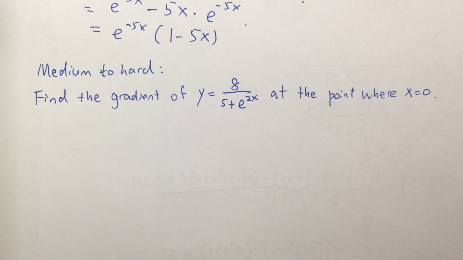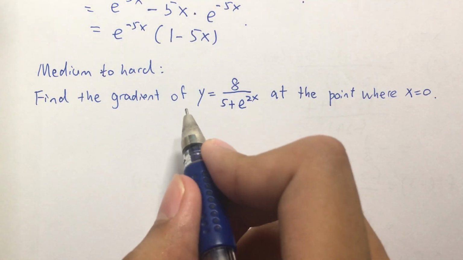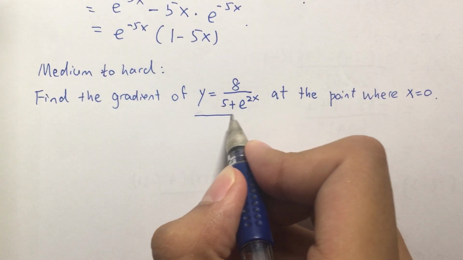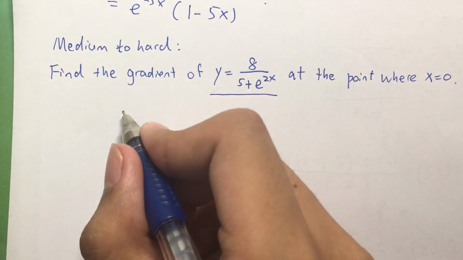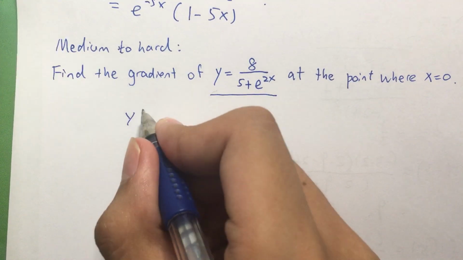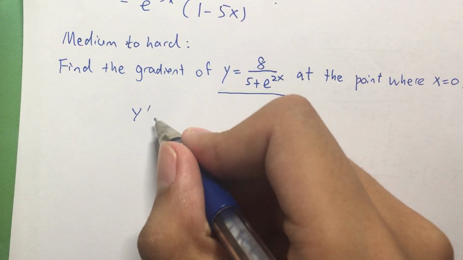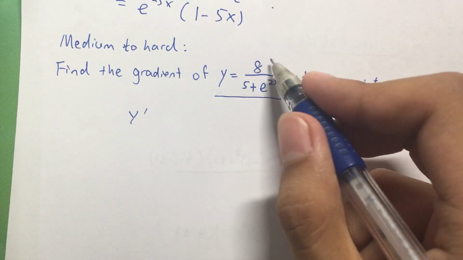Same thing: if we want to find the gradient, what should we find? Well, we need to find the differentiation of this equation. So let's try to solve the differentiation of y.